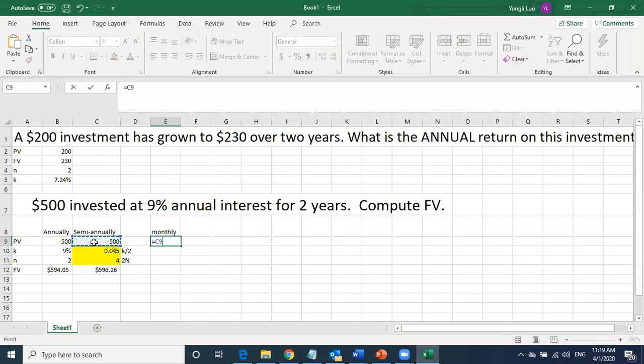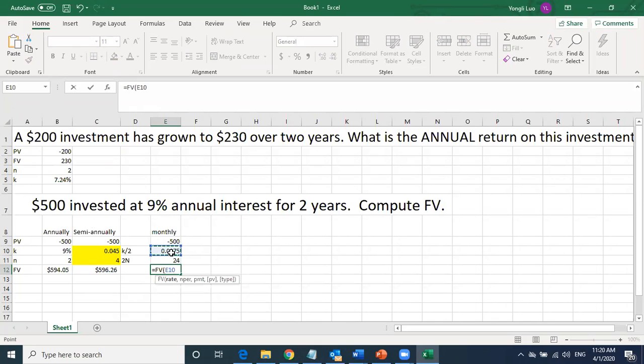The present value will not change. The interest rate will be this rate divided by 12, that's monthly. And the time period will be times 12. So you choose the future value.